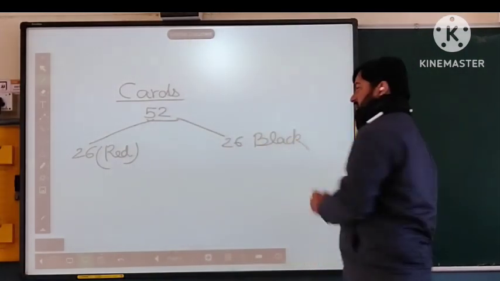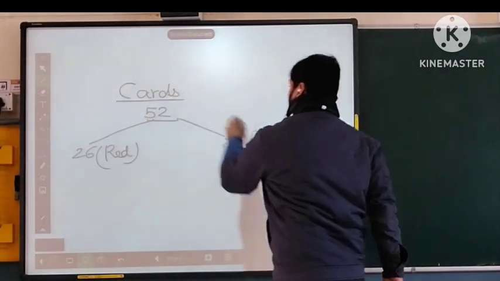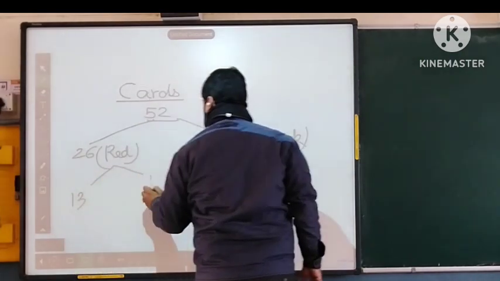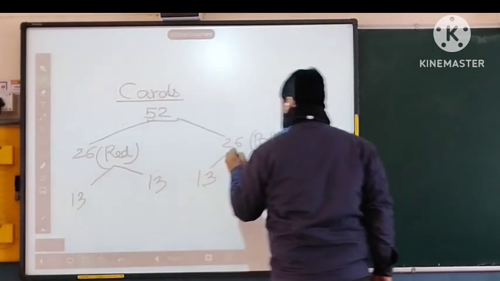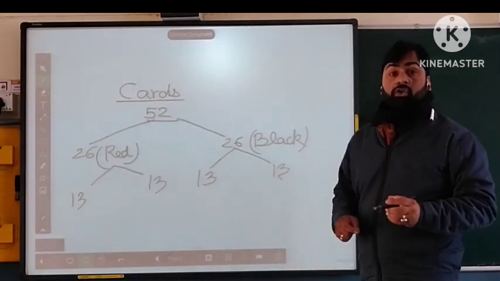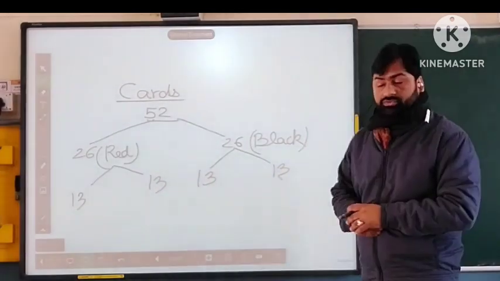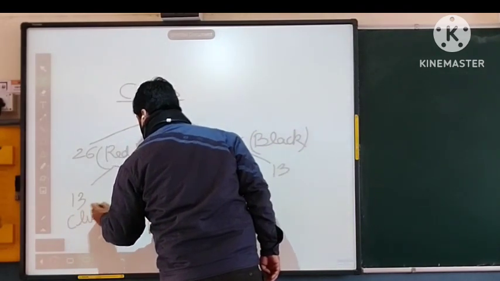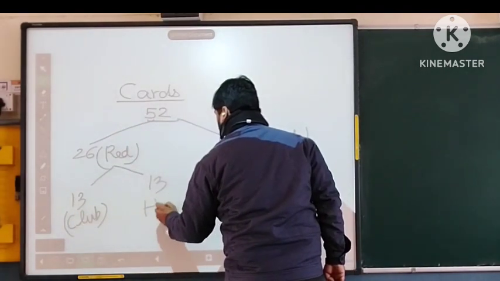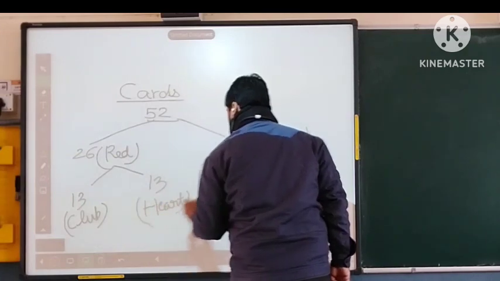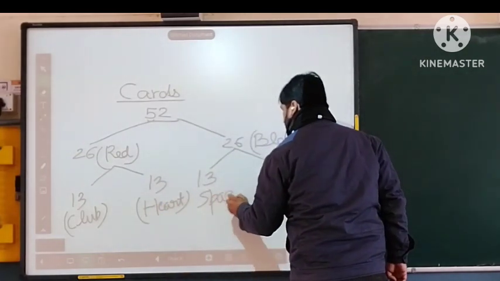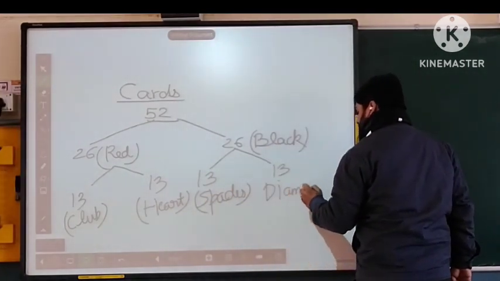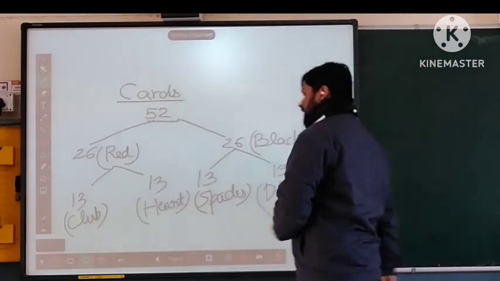This is one classification. Then in these 52 cards, we have 13, 13, 13 and 13. Each set of 13 cards is called a suit. So club is one suit, then there is spade, and then hearts and diamonds.